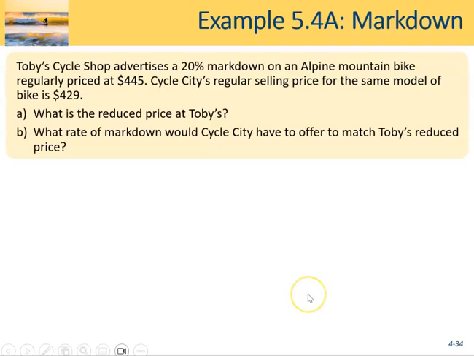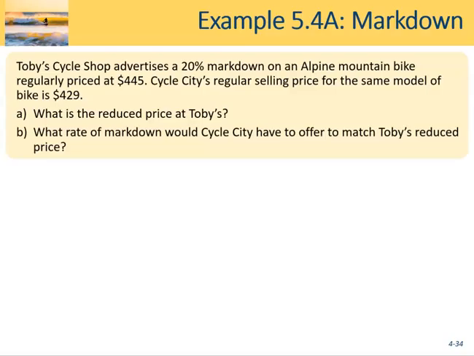Okay, so let's have a look. Toby's Cycle Shop advertises a 20% markdown on an Alpine mountain bike, which is regularly priced at $445. So that's the regular selling price, or the list price, if you will. Cycle City's regular selling price for the same model of bike is $429.